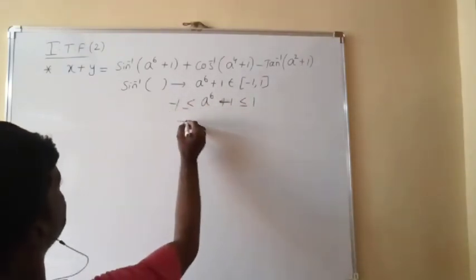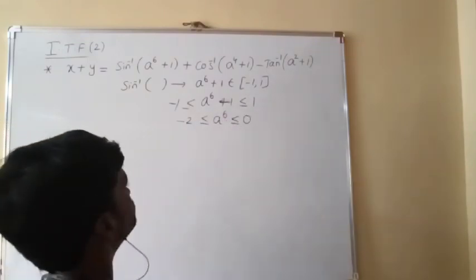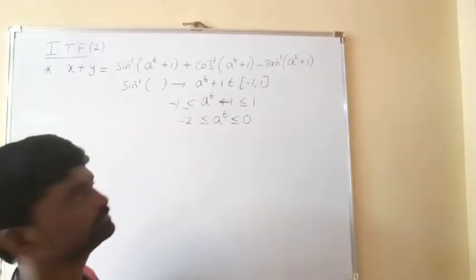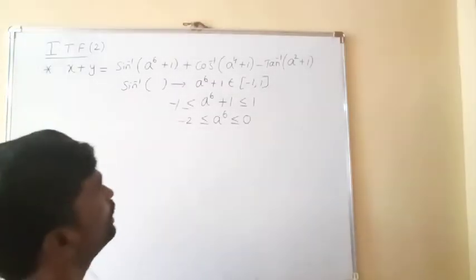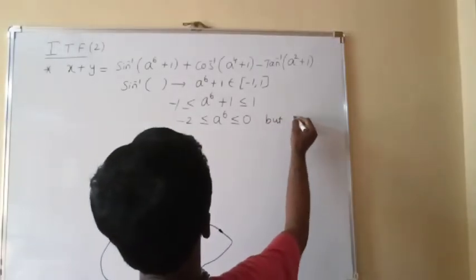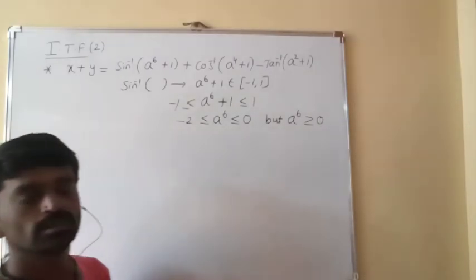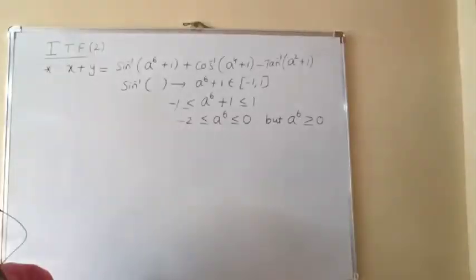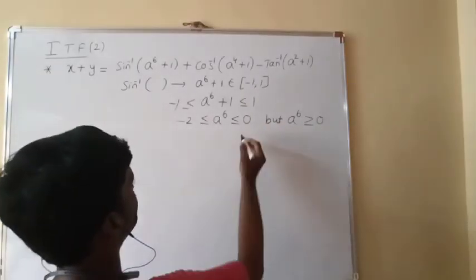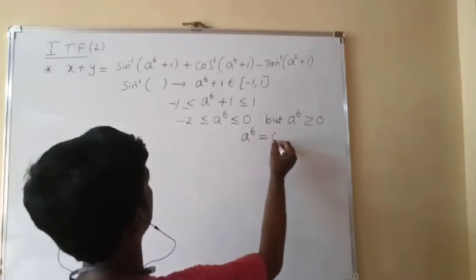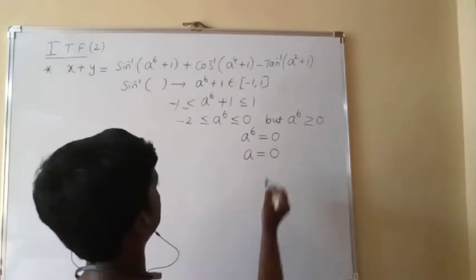From this you will get minus 2 less than or equal to a power 6 less than or equal to 0, subtracting 1. But a power 6 is always greater than or equal to 0, because the power is an even number. So both hold only when a power 6 is equal to 0, so a must be equal to 0.